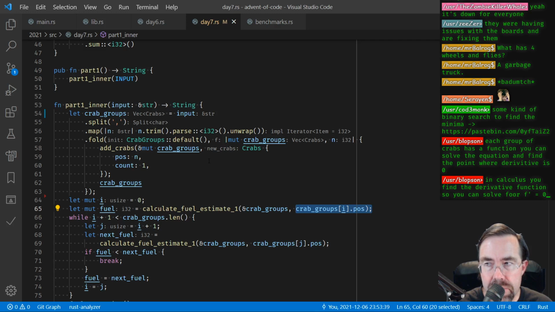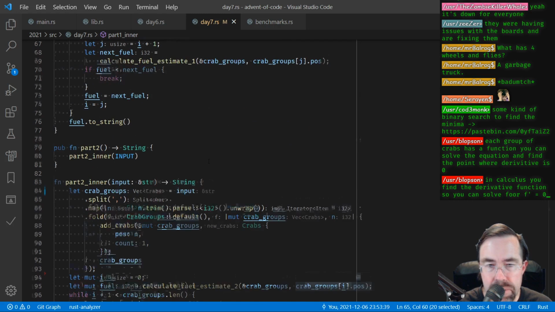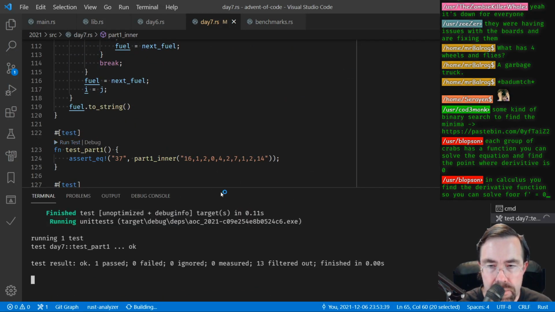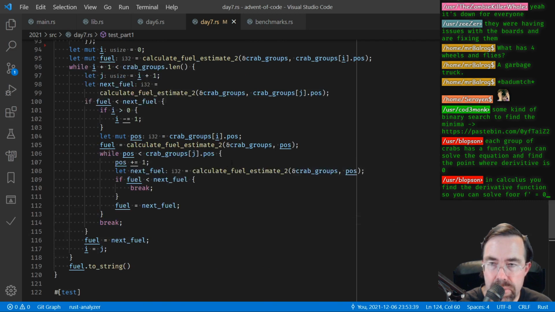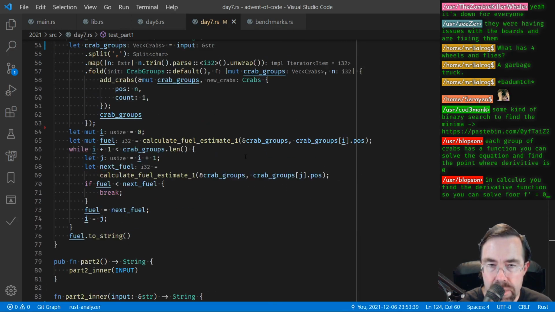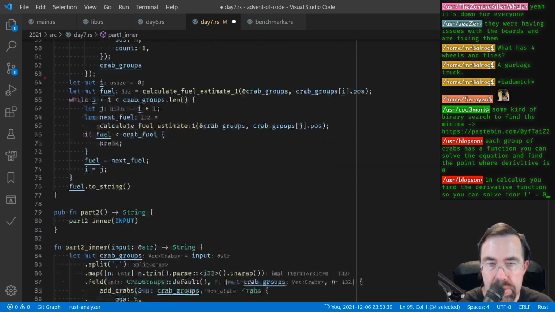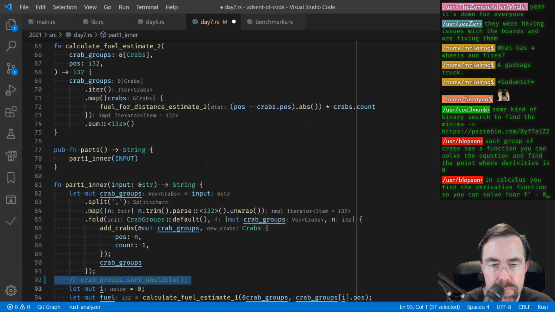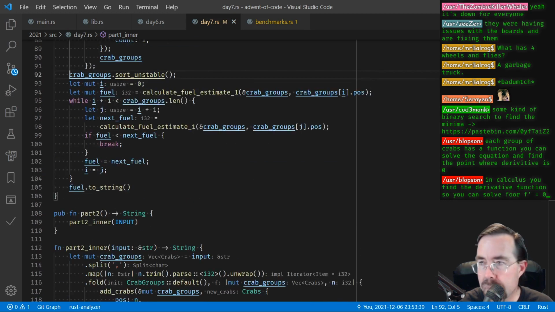Oh, yeah, they do need to be sorted the way I did it. It was premature. Then why did part 1 pass? I think it just passed on coincidence. So it does need to be sorted because I don't actually try all the positions. I assume I can try the first group's position as the first position. So I need to put that back in there. Yeah, never mind. We do need to sort it.